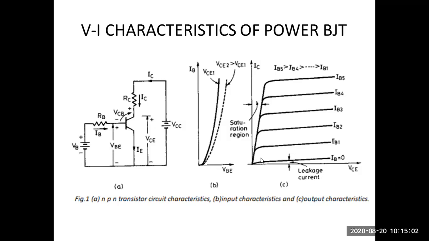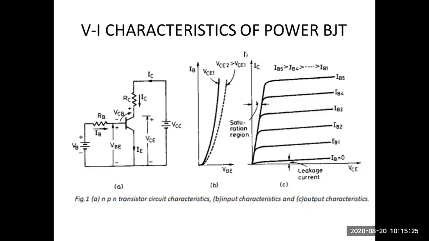Listen carefully: for a particular base current, even if you exceed the output voltage, there is no rise in current. The collector current is constant here.